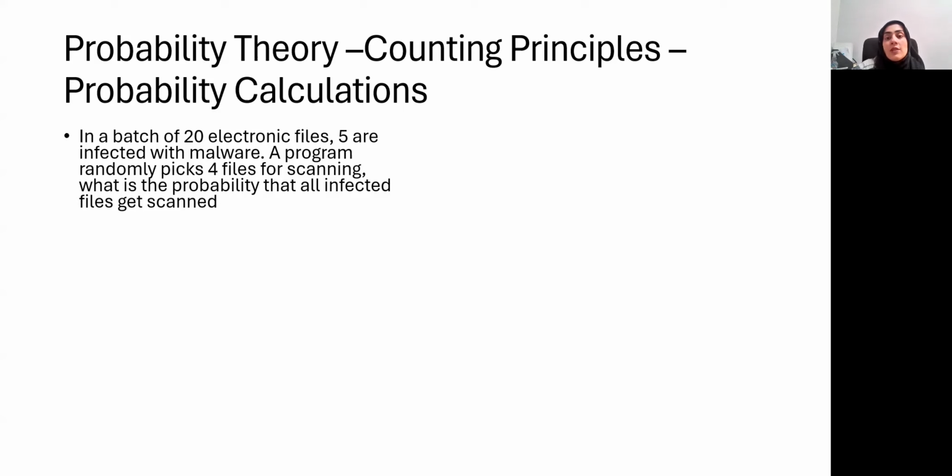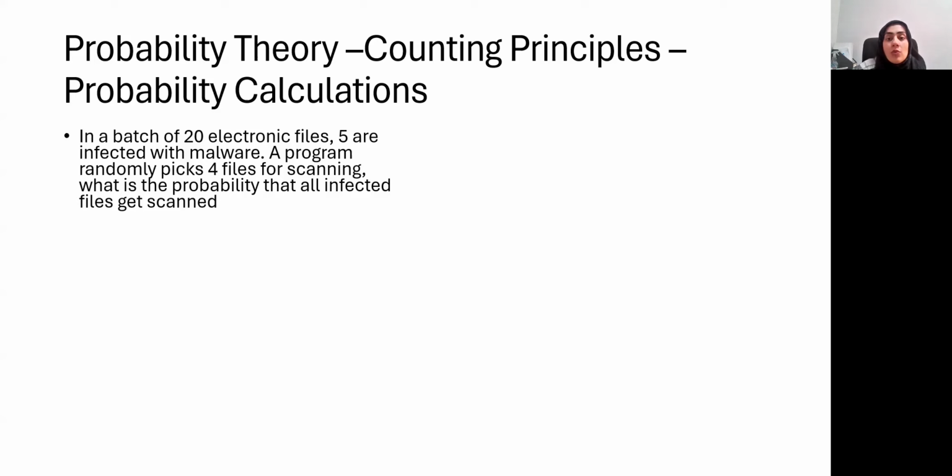The second one is the empirical approach, in which we use the relative frequency approach and run an experiment multiple times and note the number of successes. And we use the relative frequency of successes against the total number of experiments to assign the probability. And the third one is subjective. In this case, the combinatorial probability works with the classical method. So what we do is we find all possible combinations of outcomes which are possible for a given arrangement.